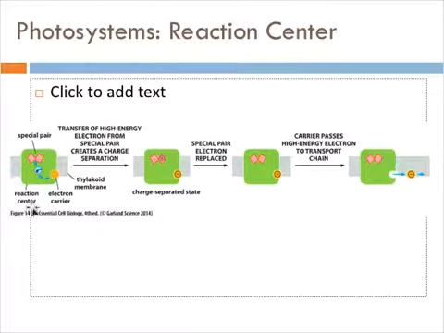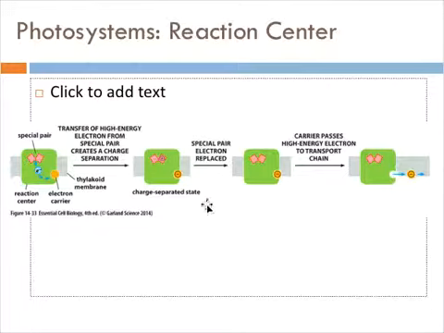When the special pair hands off that electron to the electron carrier, there's going to be a separation of charge. Because remember, the electron is negatively charged. So what happens is the special pair becomes positively charged because it lost the electron, and the electron carrier becomes negatively charged because it gained the electron.